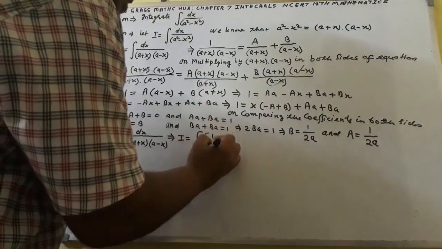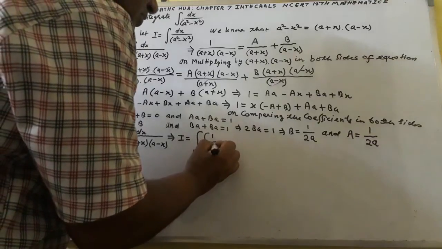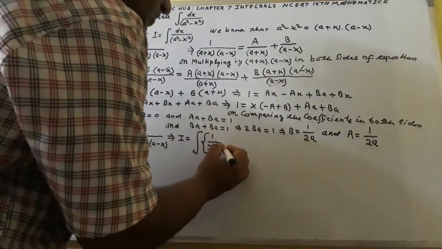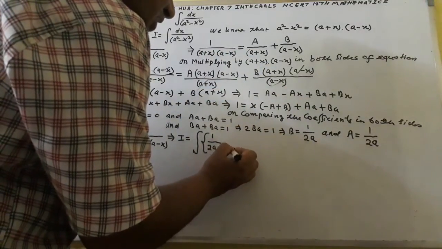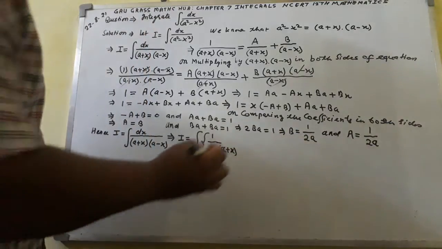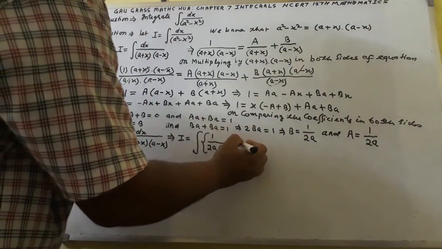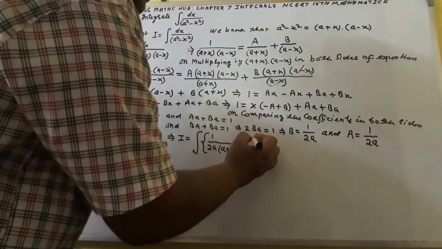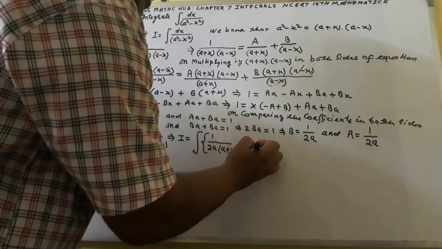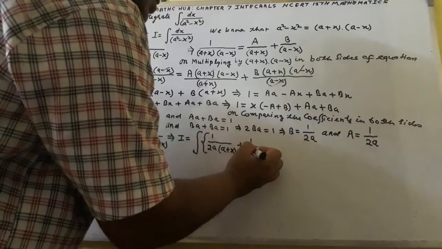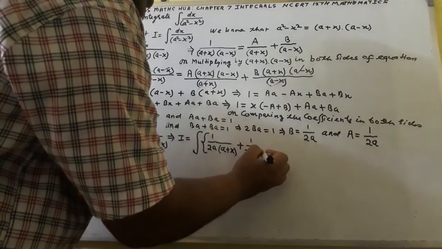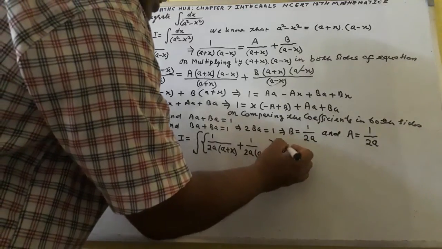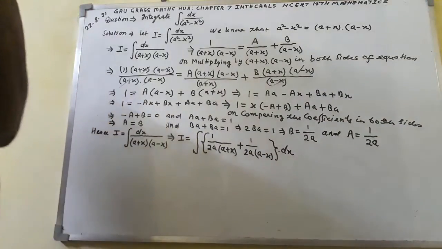So here I shall write 1 over 2a dot (a plus x), plus I shall write the value of B, we have got 1 over 2a. So here write 1 over 2a multiply to (a minus x), curly bracket close, dot dx. This one we have got.